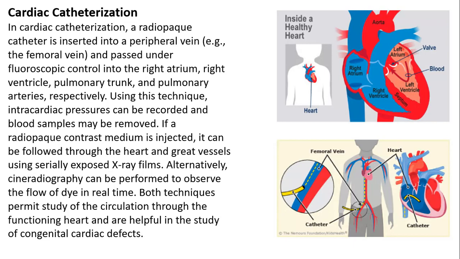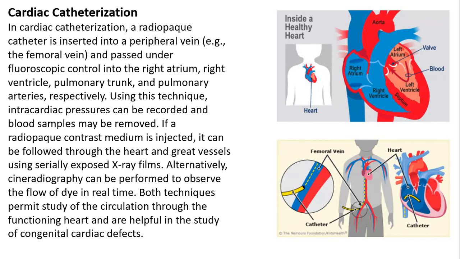So in a cardiac catheterization, a radiopaque catheter is inserted first into a peripheral vein, say a big vein, the femoral vein, or subclavian vein, or internal jugular vein is used, and it is passed under fluoroscopic control or sometimes straight into the right atrium and then into the right ventricle, pulmonary trunk, and pulmonary arteries.